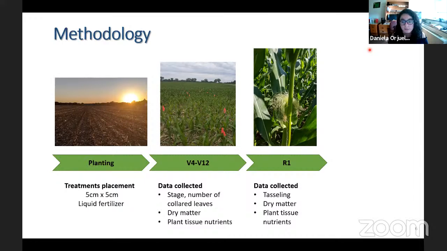I haven't checked prices, like how much is the application process plus the value of each fertilizer. I haven't been able to do that. And since we are only doing this for 1 year or 2 years, in my case, we haven't done that analysis. But I will think about it to see if we can have any kind of advantage money-wise to use a starter fertilizer. Yep. Okay. Thank you for your question. It's a good question. I will think about that.